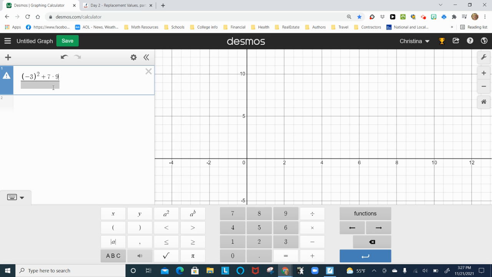A better way to do that would have been to open a parenthesis, type in a negative 2, and close it, and then raise it to the y power. Raise it to the squared power. And the reason that it's the squared power is because our y value is 2. And then we're going to subtract 11.